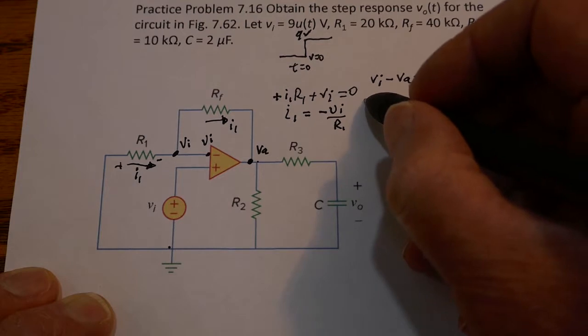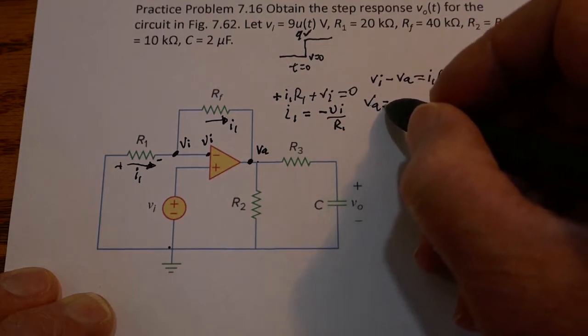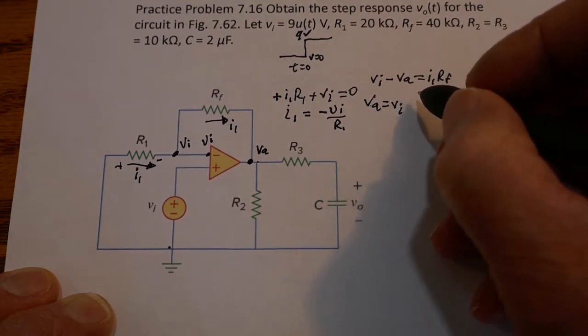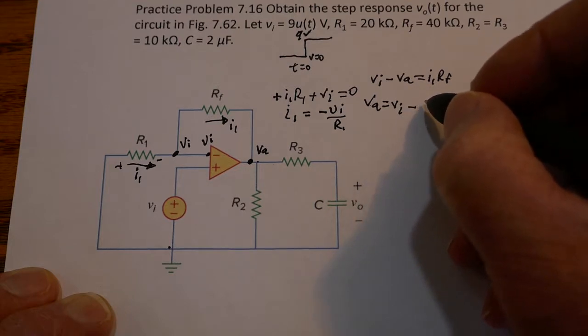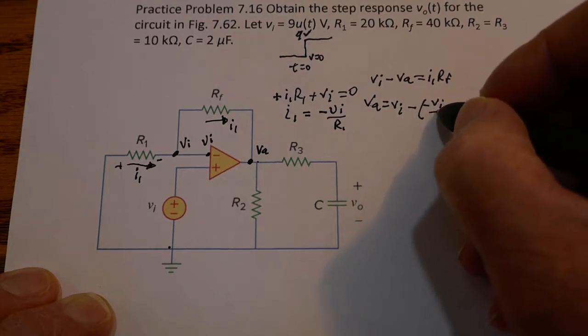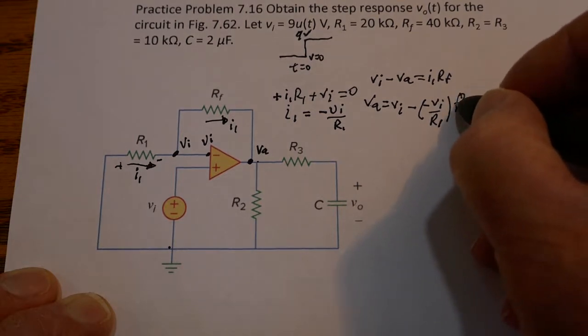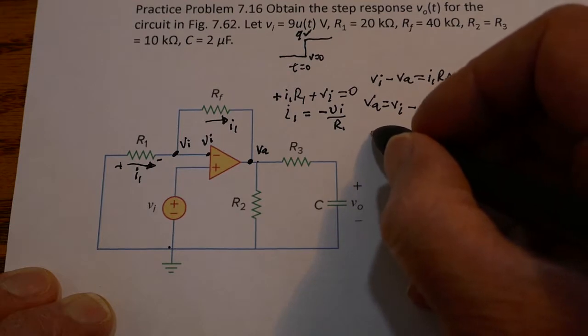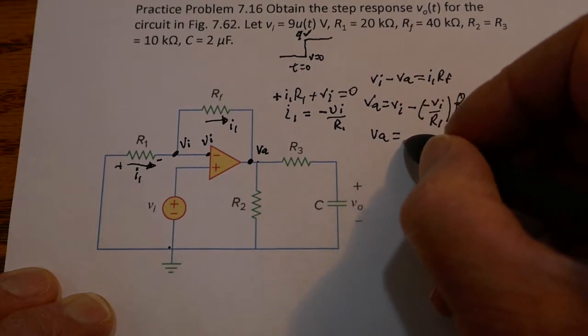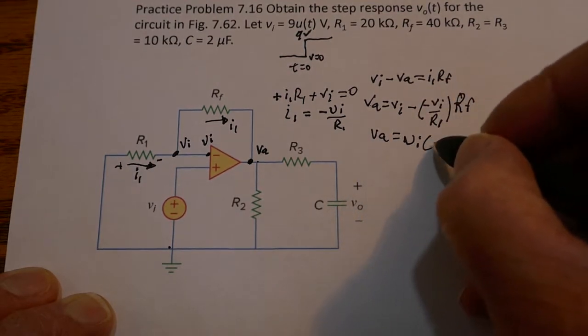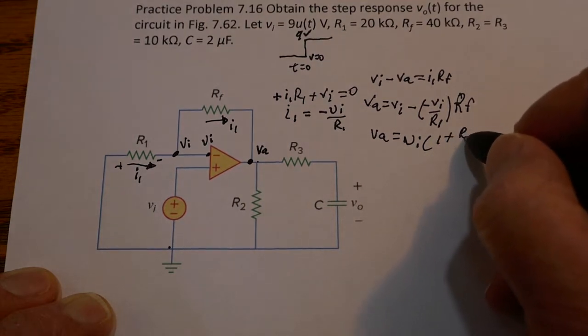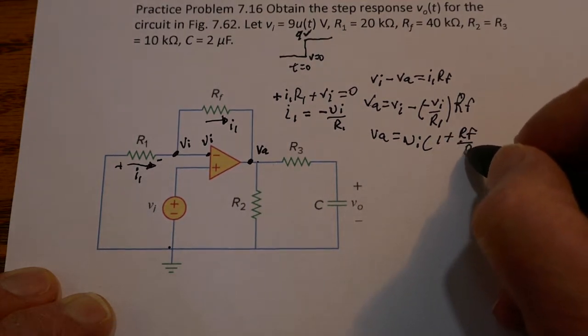We're rewriting VA is equal to VI minus I1, which is minus VI over R1, times RF. Or we get VA is equal to VI times 1 plus RF over R1.